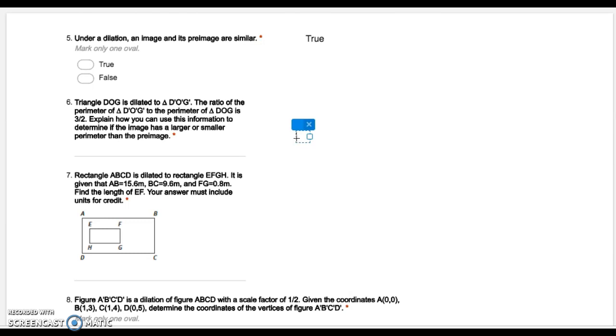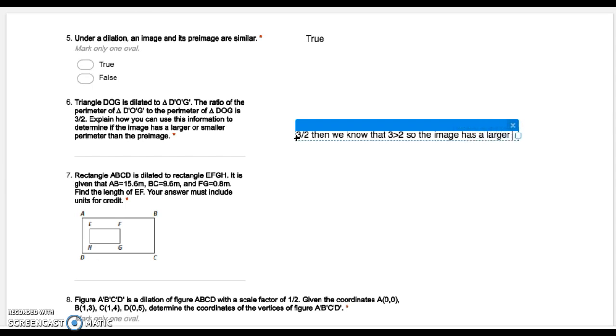Well, if we are doing a ratio from the image to the pre-image, and it tells us that that has a perimeter of 3/2, then we know that 3 is greater than 2, so the image has a larger perimeter.